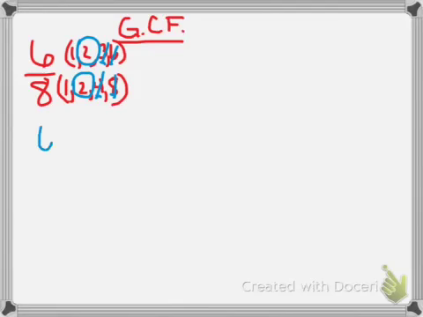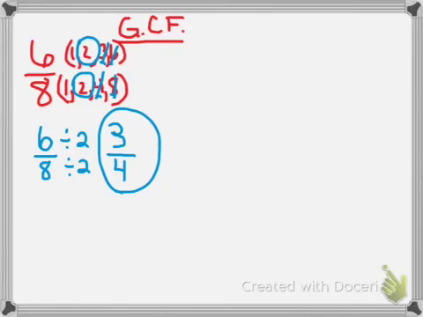Once I've found the GCF, I'm going to take my fraction and divide it by that number. 6 divided by 2 is 3, and 8 divided by 2 is 4. Now, I know that this is in simplest form because I found the largest number to take out of this fraction, and it ends up being in the smallest form possible.